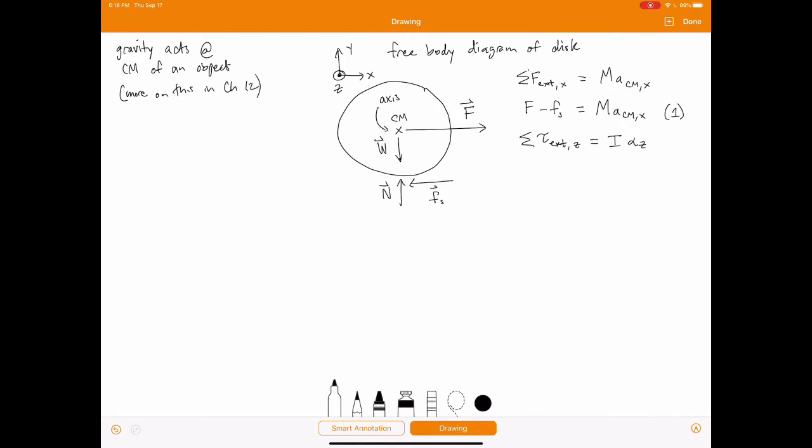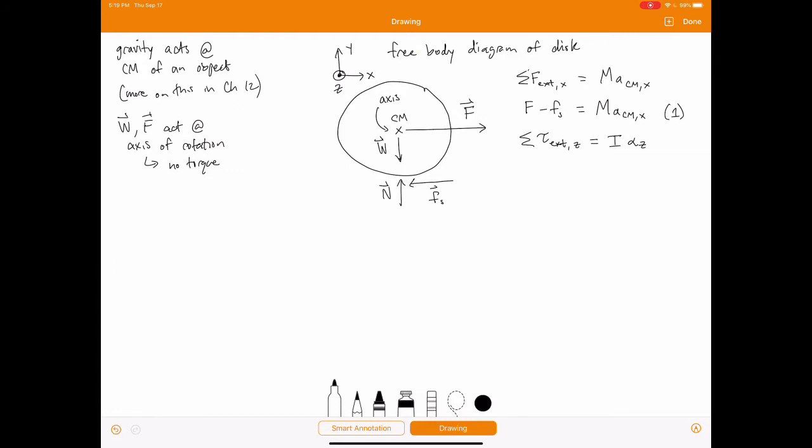And right away, we see that there are 2 forces, W and F, that act at the axis of rotation, which means there's no torque. I mean, think about this. If you were trying to open a door by pushing on the hinges, of course, that would have no effect.